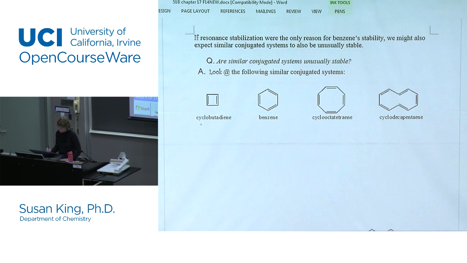You're going to have a hard time finding it, but this would be 4 pi electrons, 2 for each double bond. Benzene is 6 pi electrons. Cyclooctatetraene, 8 pi electrons. Cyclodecapentaene, 10 pi electrons.